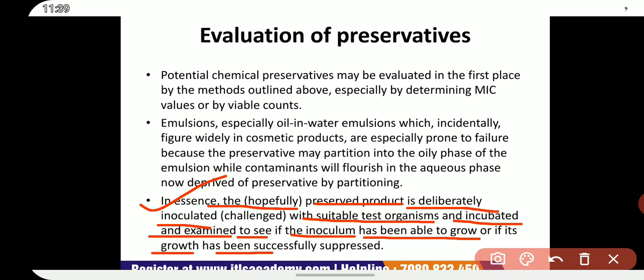Inhibition of the challenge organism is determined by viable counting technique. The British Pharmacopoeia should be consulted for full details of the experimental procedure to be used.